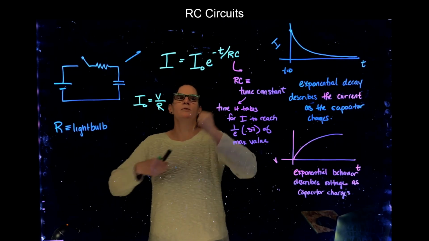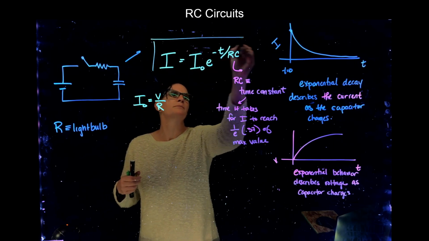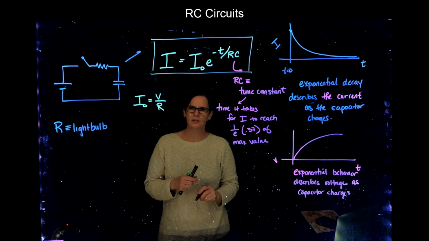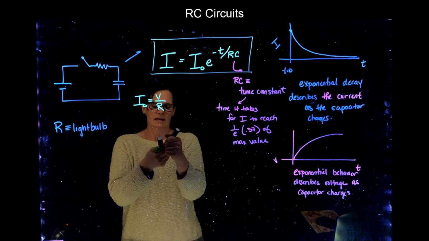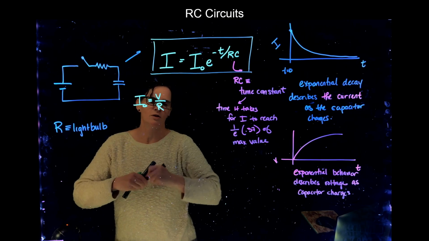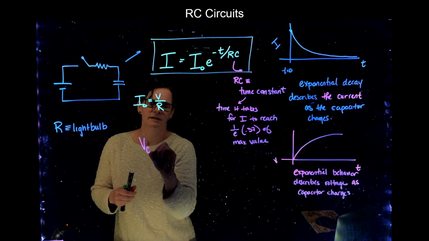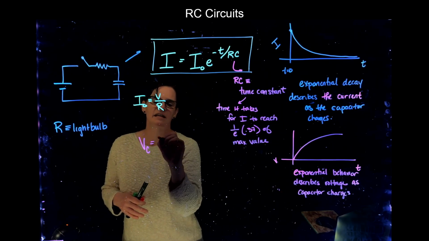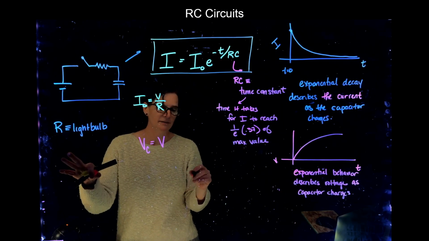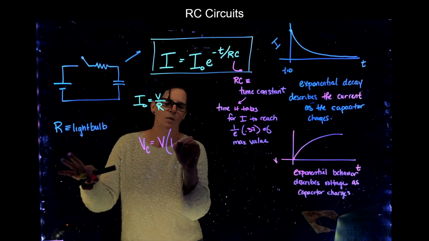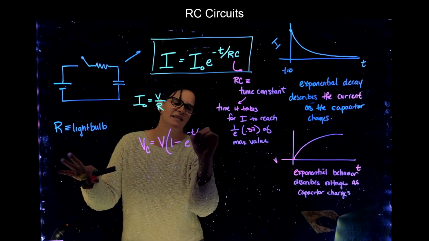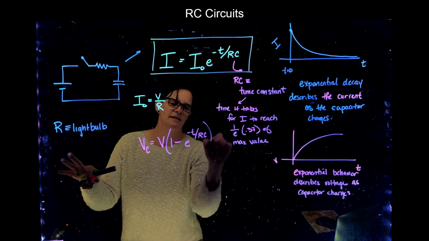So this is in general, but for here, this is going to be our current in an RC circuit. And the voltage across the capacitor, now that's growth. That's the voltage across the battery times 1 minus e to the minus t over RC.